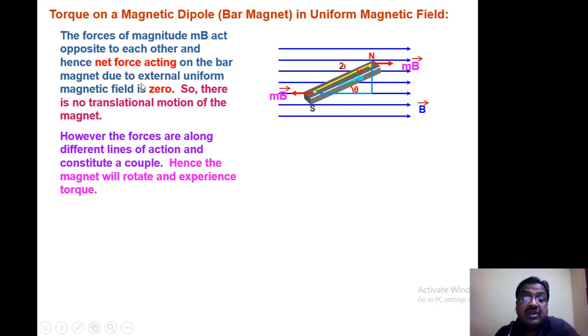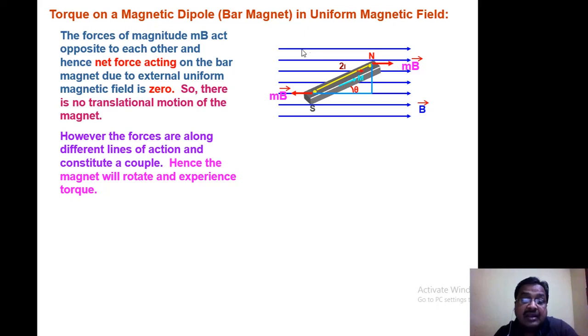The net force acting on the dipole will be nothing but 0, because this mB and this mB are not in the same direction, but their lines of action are different. So as no net force is acting on them, there is no translational motion of the magnet.